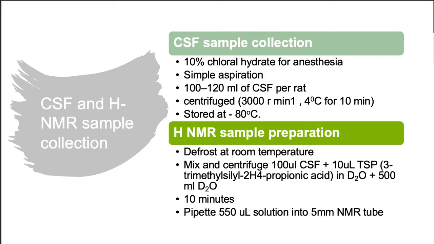After being allowed to defrost at room temperature, 100 microliters of CSF plus 10 microliters of TSP in heavy water and 500 microliters of heavy water were mixed and centrifuged for 10 minutes. And then after that, 550 microliters of solution were pipetted into a 5 millimeter NMR tube for analysis.